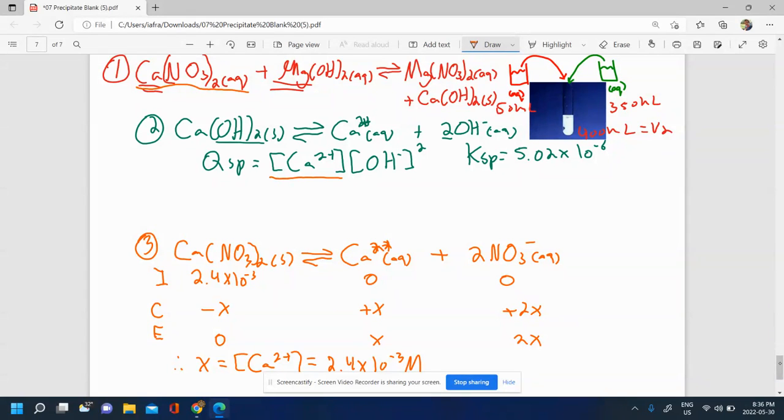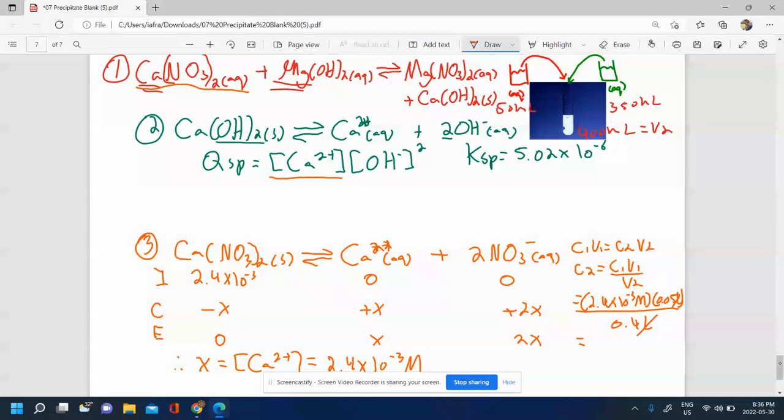400 mL. So we know C1V1 is equal to C2V2. Therefore, C2 is equal to C1V1 over V2. So our C2 is going to be equal to 2.4 times 10 to the power of negative 3 molar times the 0.05 liters, because that's 50 mL, over 0.4 liters, because that's 400 mL.